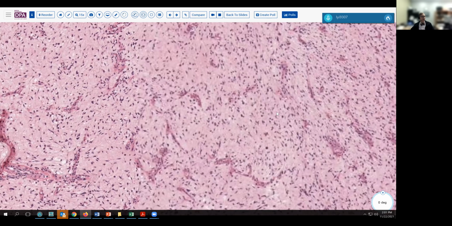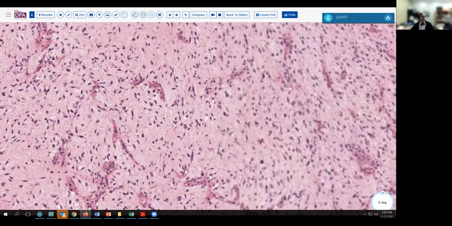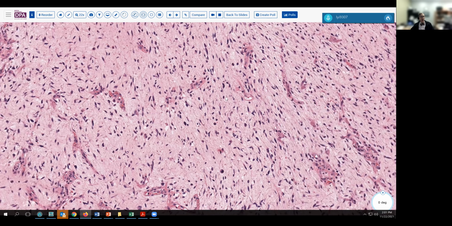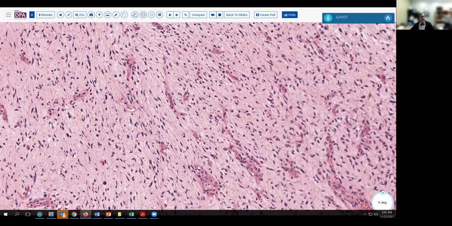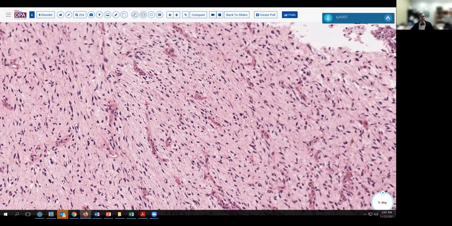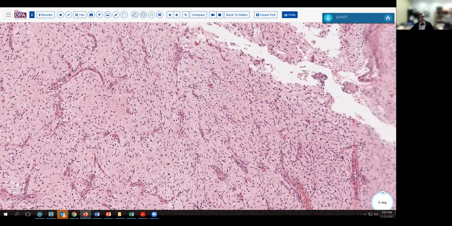What do we do with this sort of appearance of a low-grade, more solid appearing lesion? Well, of late, we've begun to recognize that in addition to the high-grade pleomorphic dedifferentiation, there also are occasions where you can get low-grade dedifferentiation out of a well-differentiated liposarcoma.